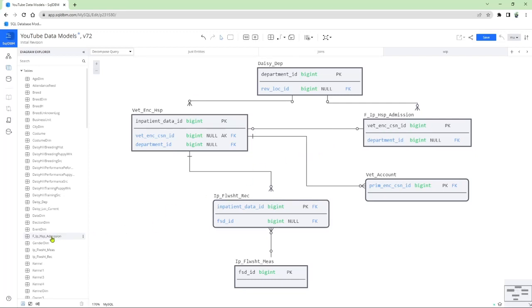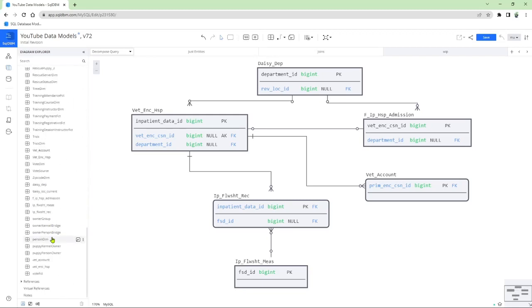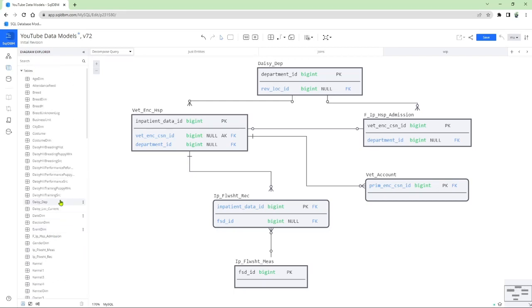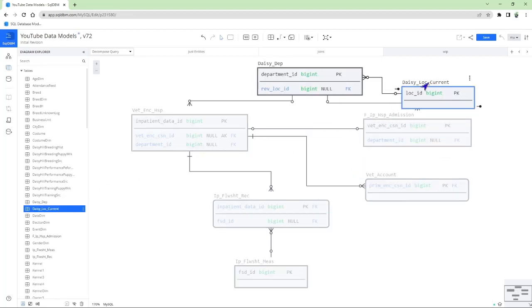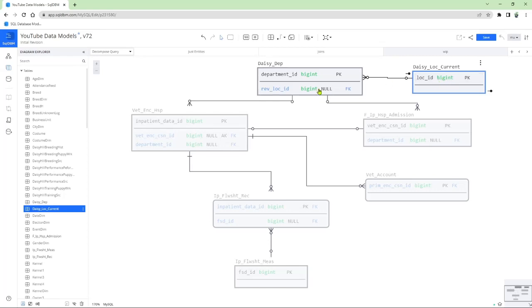And then finally, we have the current location table, which has a location ID that applies to the department, and it has a relationship going into the revenue location ID.